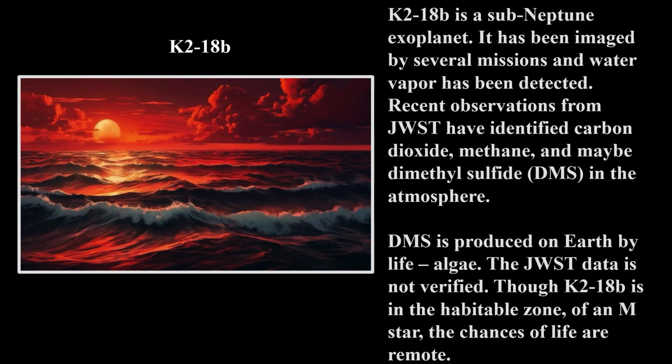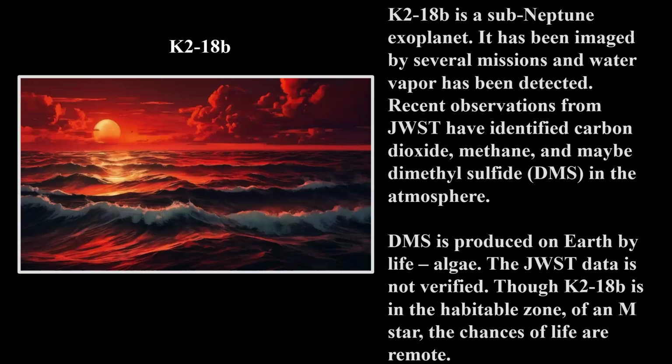K2-18b was a really exciting discovery, as a significant amount of water vapor was detected in its atmosphere. And though the exoplanet is significantly larger and more massive and orbits a cooler Class M red dwarf star, it orbits within the habitable zone. The water vapor was detected by Hubble, Spitzer, and Kepler.